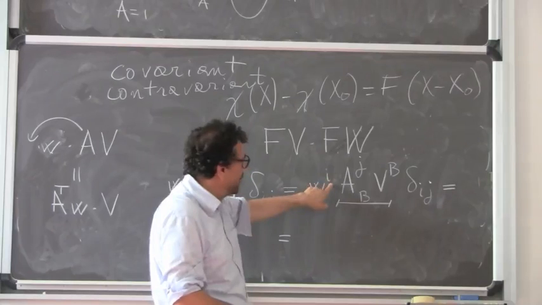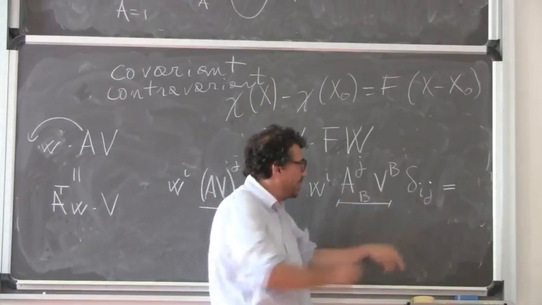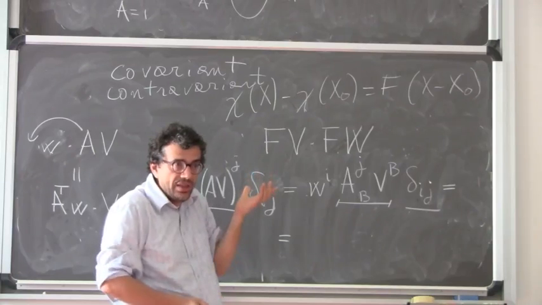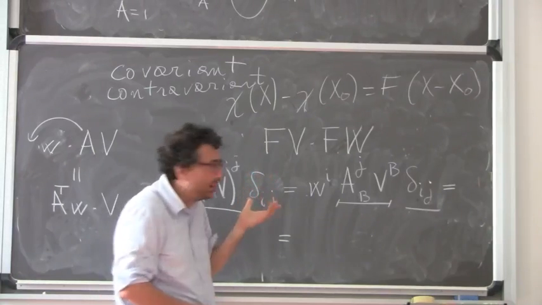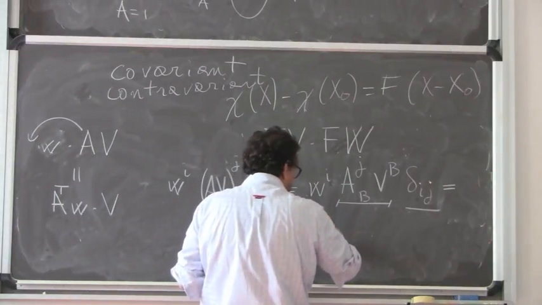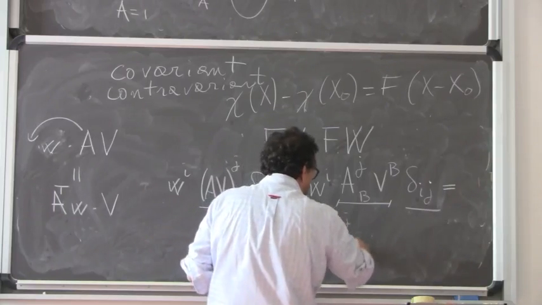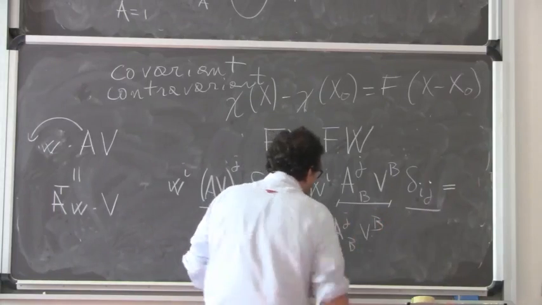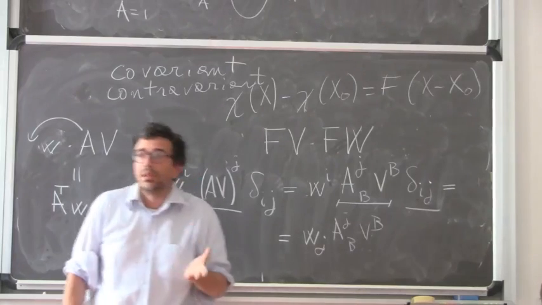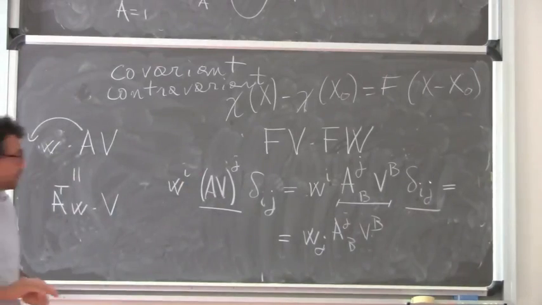Then this is equal to, I can write j instead of i, because this animal is always 0 except when j is equal to i. Okay? So this is W_j, this is summation over repeated indices.